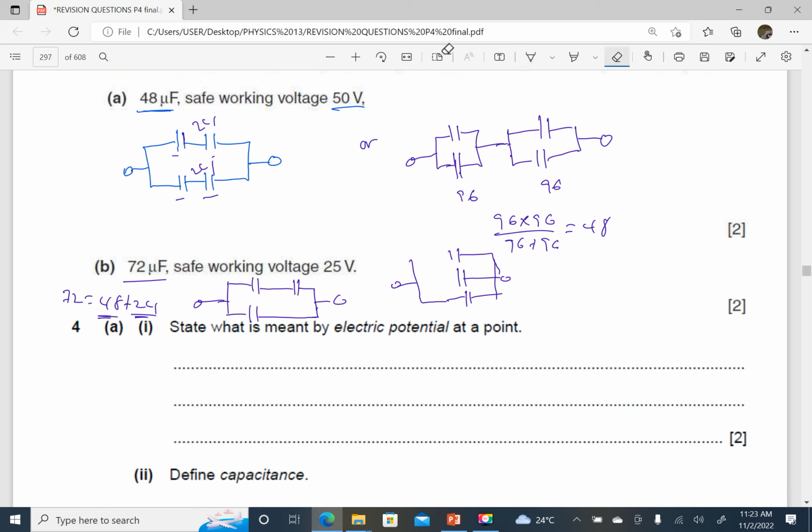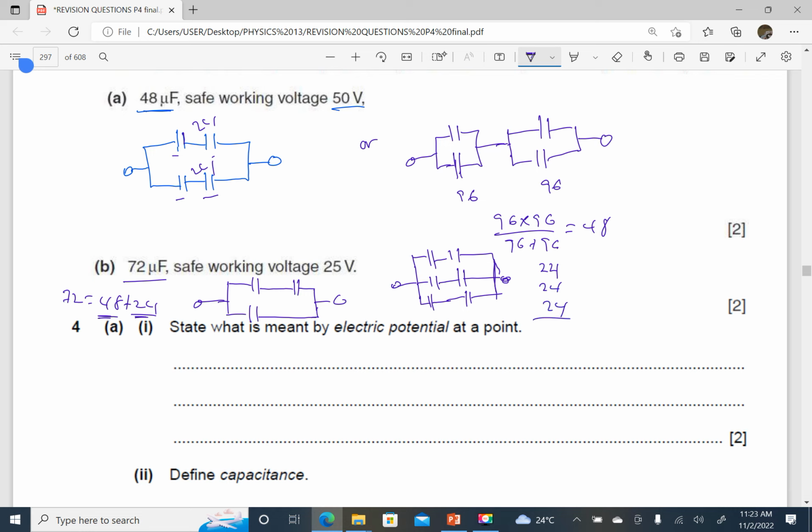Sorry, I missed out one capacitor. So this one also gives us 72 because we have 24, 24, 24, which is 72.